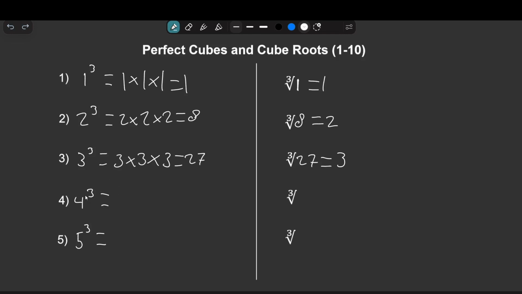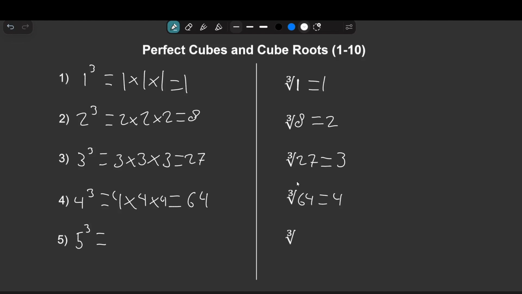Number 4, we have 4 cubed. So again, we multiply our base, which is 4, by itself 3 times. 4 times 4 times 4 equals 64. Now, our cube root of 64 will be 4, because 4 times itself 3 times equals 64.